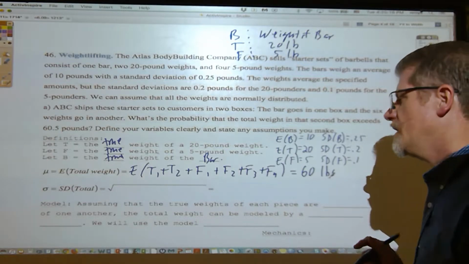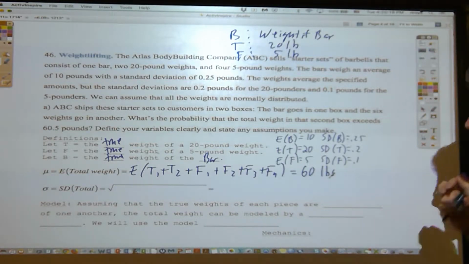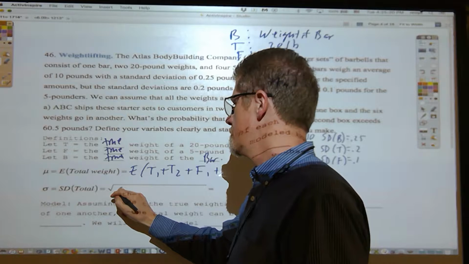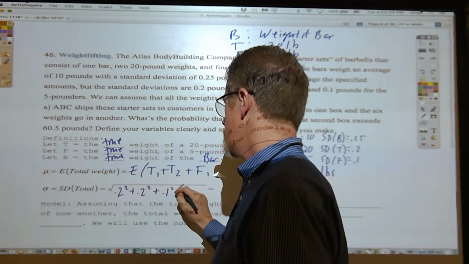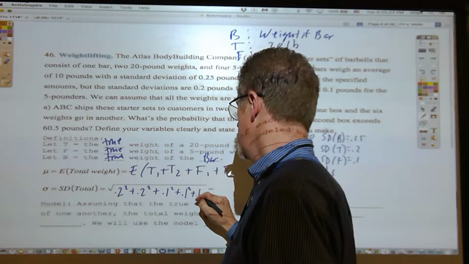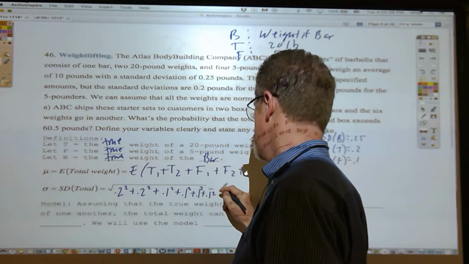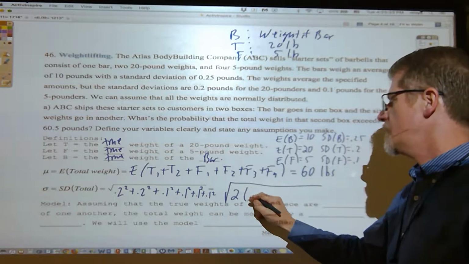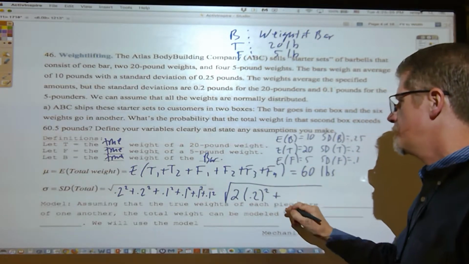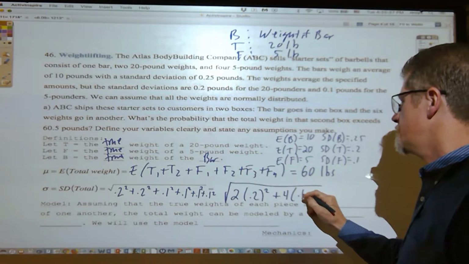But for the standard deviation calculation, it's going to be 0.2 squared plus 0.2 squared plus 0.1 squared plus 0.1 squared, 4 of these. Now, I would write that as 2 times 0.2 squared plus 4 times 0.1 squared.